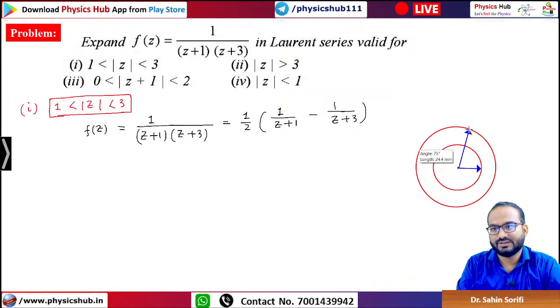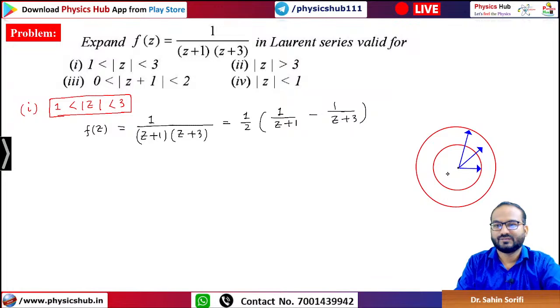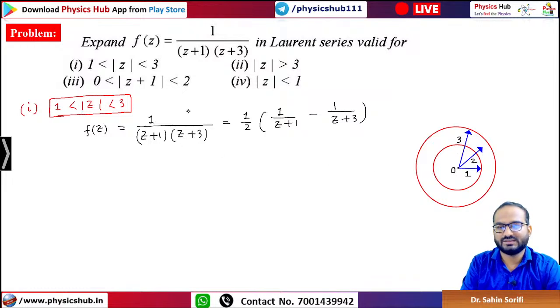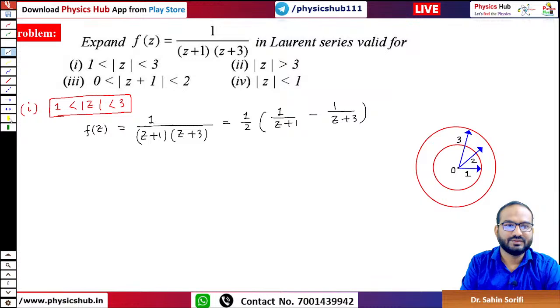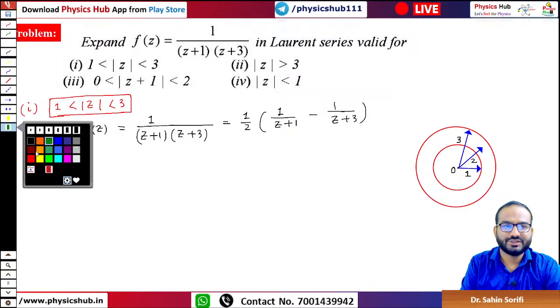This is having radius, let's say, 3 units, and in between, let's say 2. So 1 less than mod z less than 3. You have to expand this function in this region.